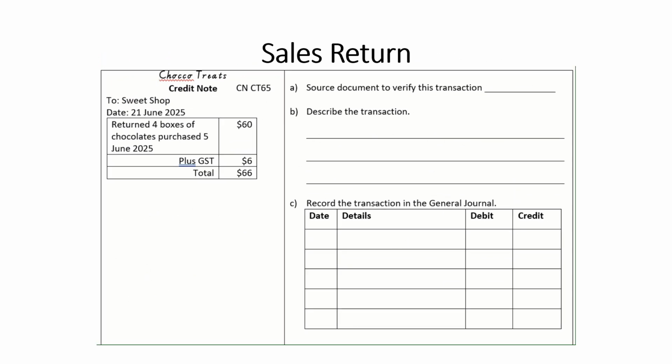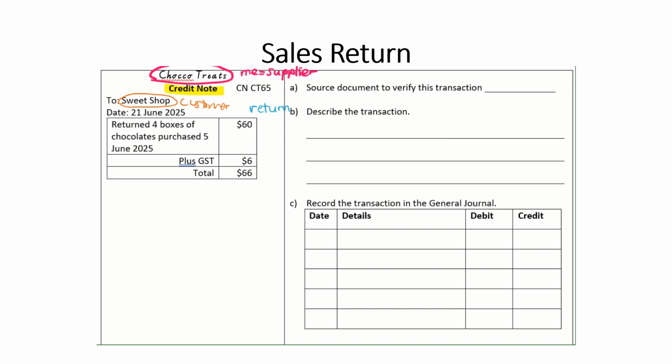Next, we're going to have a look at a sales return. This source document here was issued by us, Choco Treats, as the supplier. That means we are issuing this source document to Sweet Shop, who is our customer. Since we can see that this is a credit note, and every time we see a credit note, we know that some sort of a return of inventory has occurred.